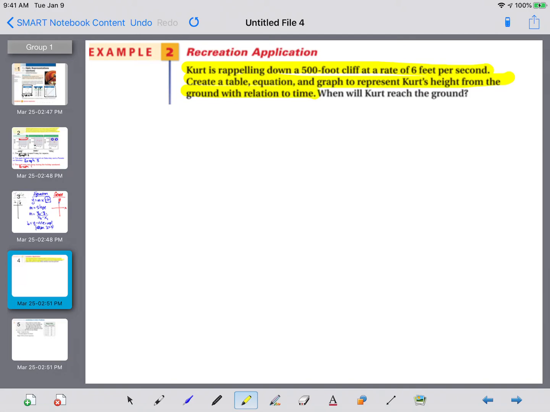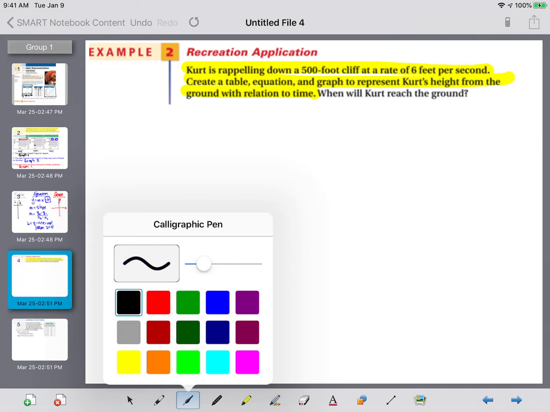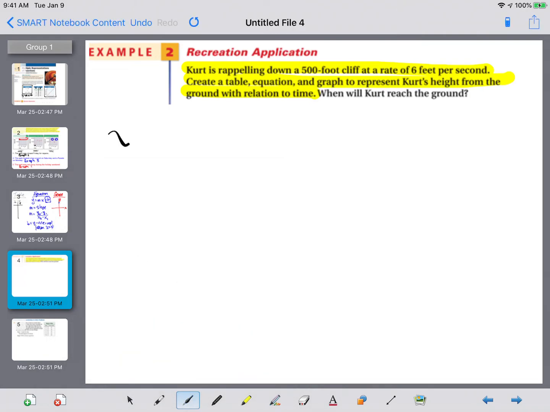So let's start with creating a table. We know that he's going down a 500-foot cliff at a rate of 6 feet per second.